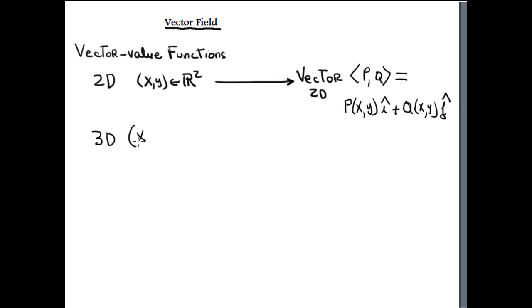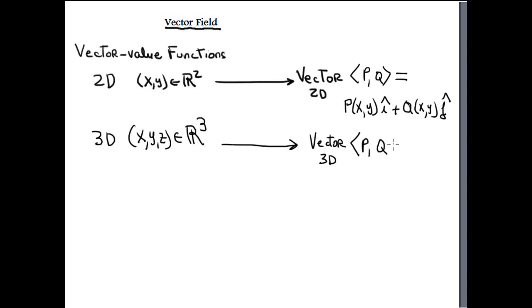It's a triple, an ordered triple, belonging to R3 space, and the function gives me a vector in 3D. It's P, Q, R. We have three components.